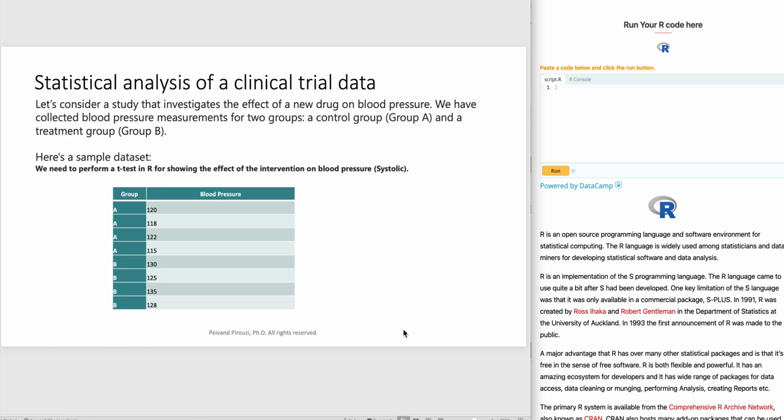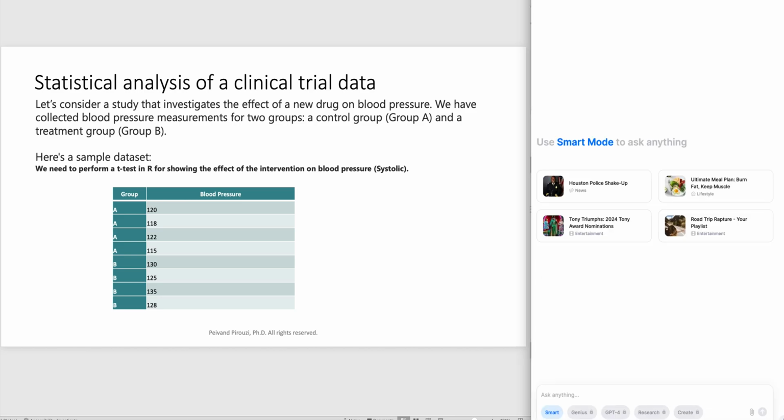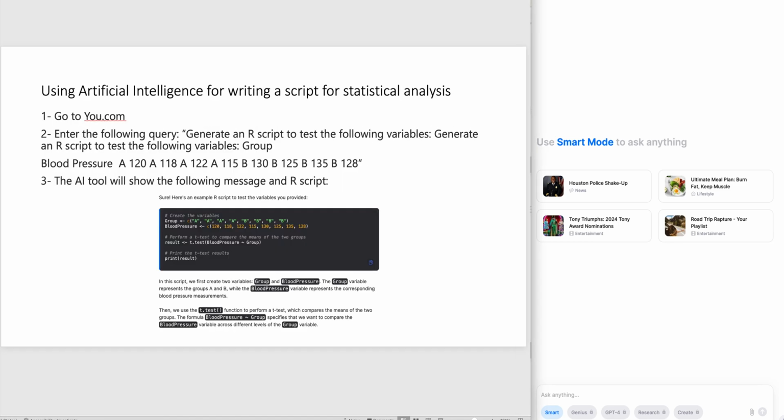So what we should do first, of course, is to go to the artificial intelligence interface, and this is where we are going to look into, for example, u.com. Again, you can choose any artificial intelligence tool, and they're all going to give you a very similar result as well. So when we look into the AI, we know that we already have our data set.